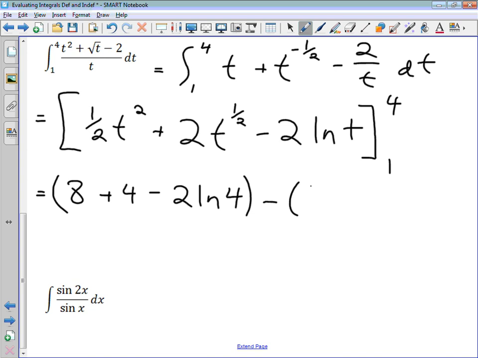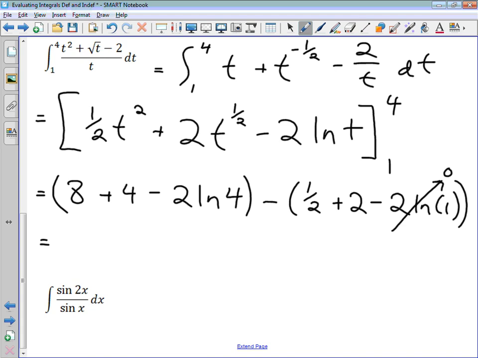So that's going to be 1/2 plus 2 minus 2 ln 1. But of course, ln 1 is just 0.